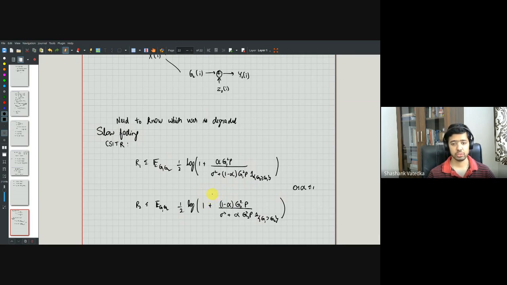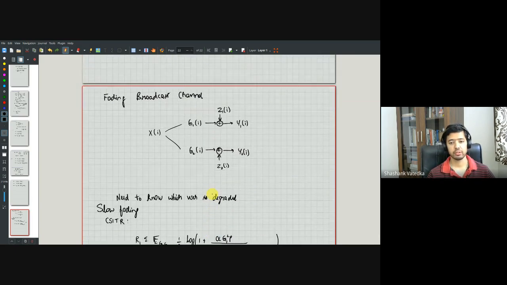So even for the simple fading broadcast channel, if the channel state information is not known at the transmitter, then things become very, very difficult. Again, for the broadcast channel, we don't have a complete solution. For all scenarios, we don't have the entire achievable rate region.